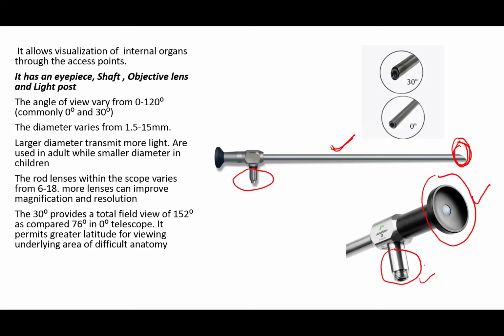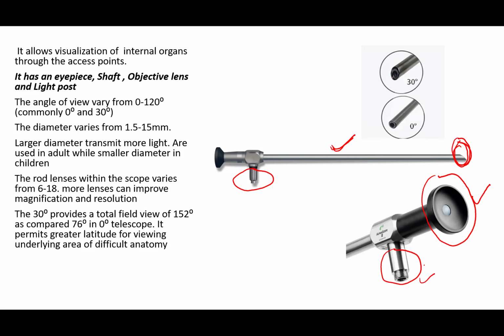Now, these telescopes are of various angles from 0 degree to 120 degrees. The angle of viewing varies from 0 degrees to 120 degrees.